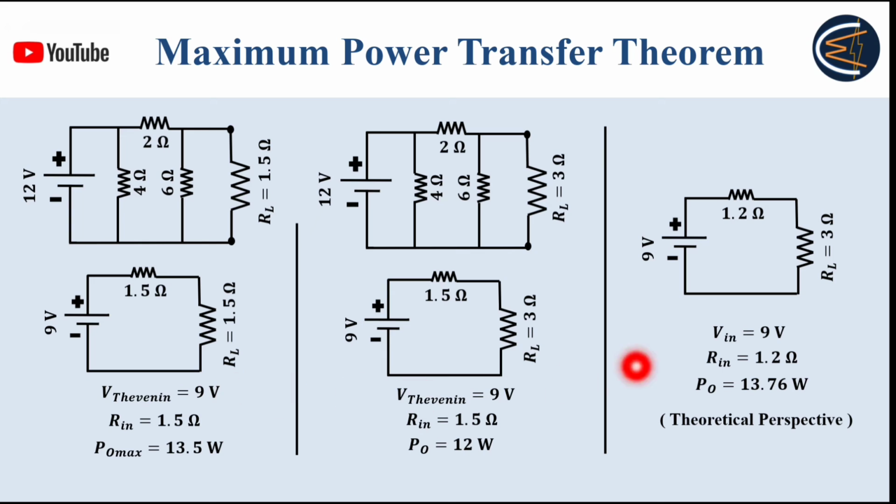So if you compare these three, you will say this is the maximum power, right, because here it is 13.5, but here it is 13.76. But no, as you can see here I have written it is theoretical perspective, because it is not possible to implement practically. Practically this is actually the scenario.